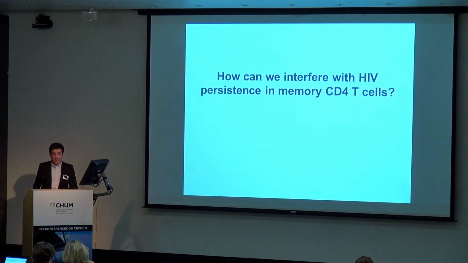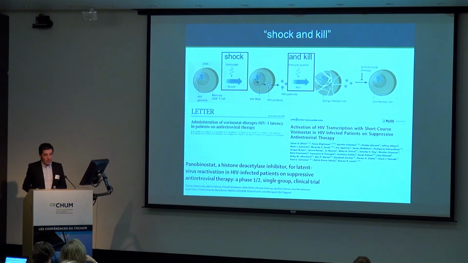Okay, so obviously, after describing those reservoirs, the most important question is, can we interfere with HIV persistence in this memory CD4 cell subset? A very popular way to interfere with HIV persistence is what we call the shock and kill strategy.